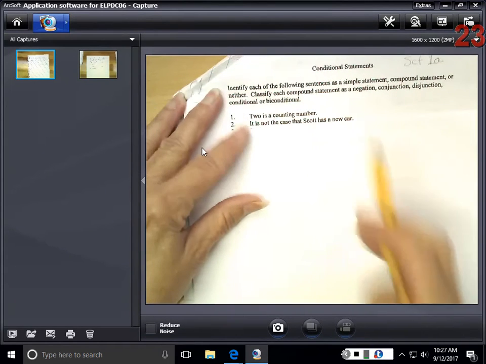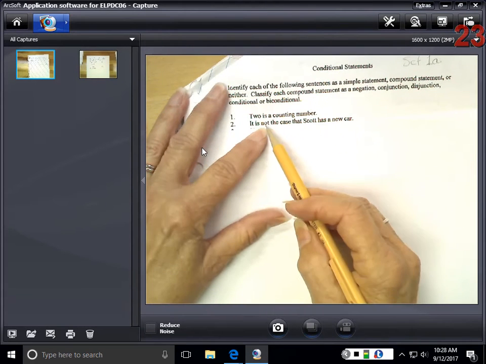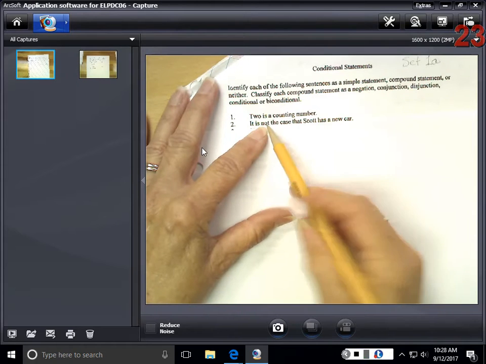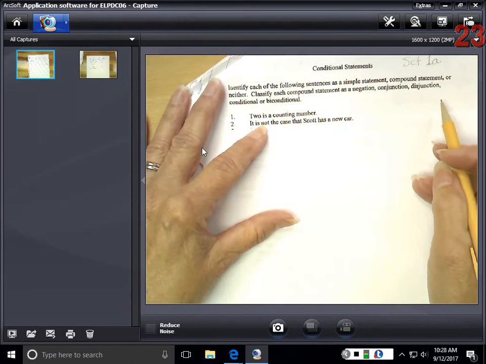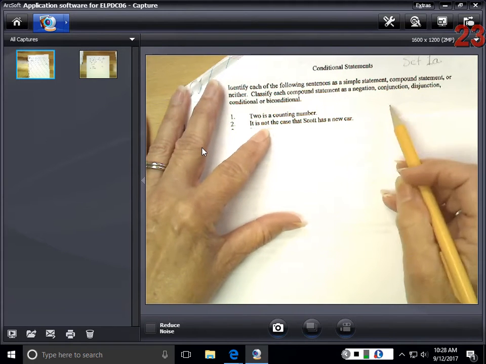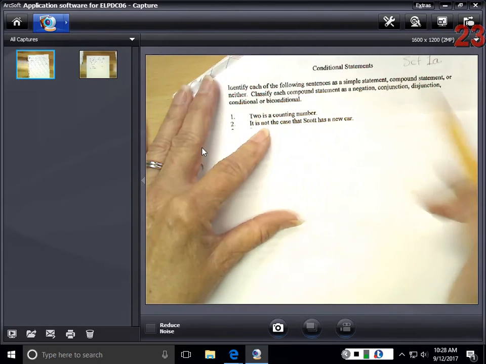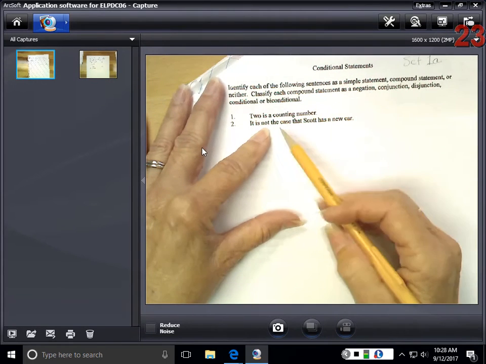Number 2, it is not the case that Scott has a new car. It has a not in it, so it's compound. Now, is it a negation, conjunction, disjunction, conditional, or biconditional? Negation, because it has a not.